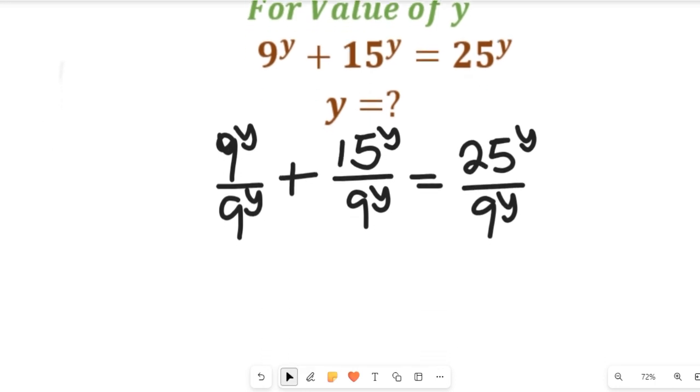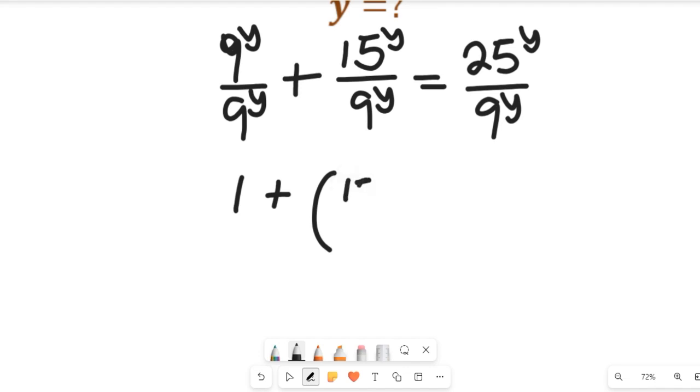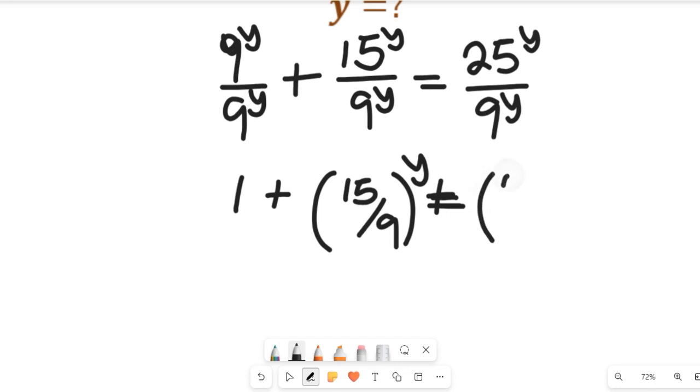So this whole expression is going to be 1 plus, recall the law of indices, this will now become 5 divided by 9 because they have the same power. We'll have to the power of y, and this will be equal to 25 divided by 9 and all to the power of y.